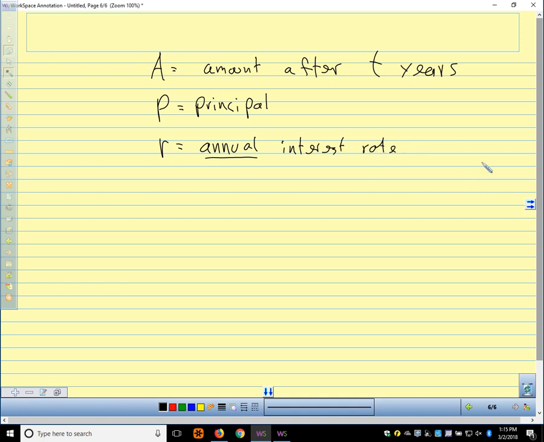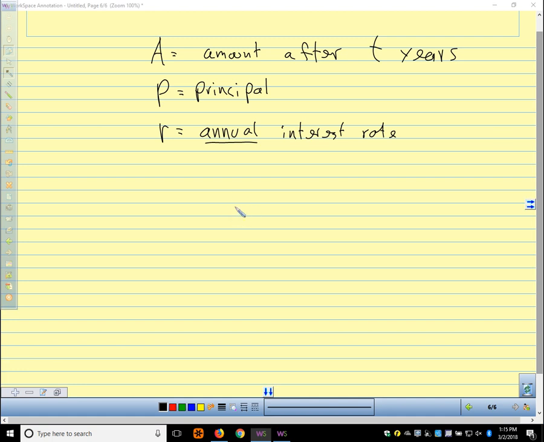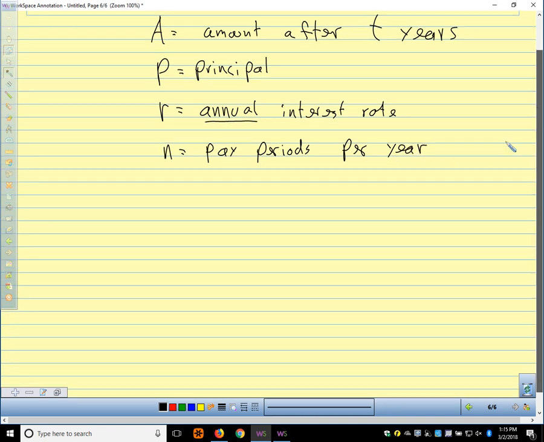So 12% per year, 7% per year, something like that. And N equals the number of pay periods per year. So our formula adapted for this, which is the more common model, is our amount is the principal times 1 plus R over N to the NT power.